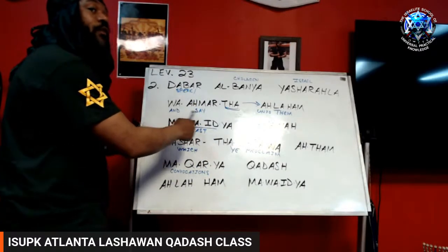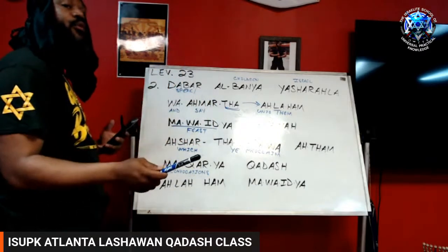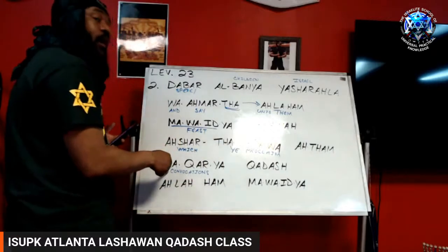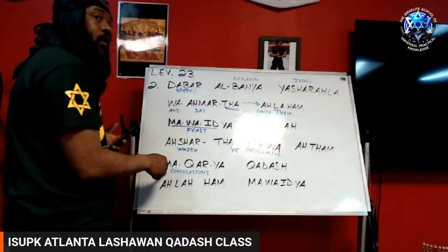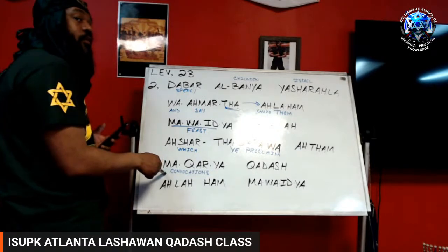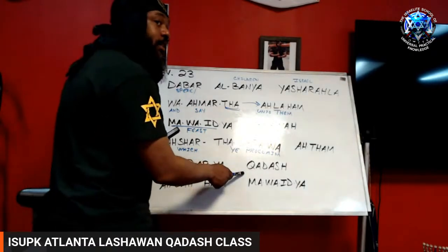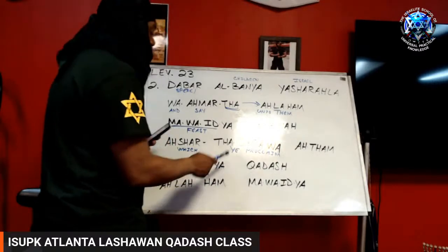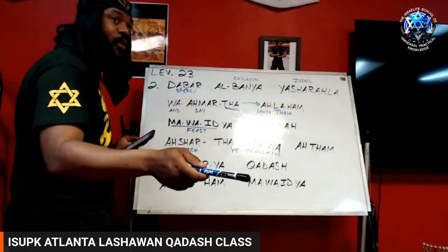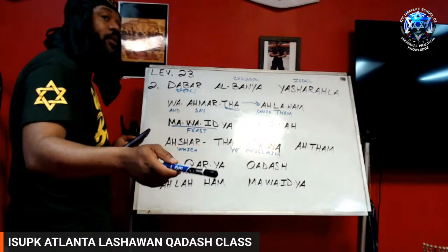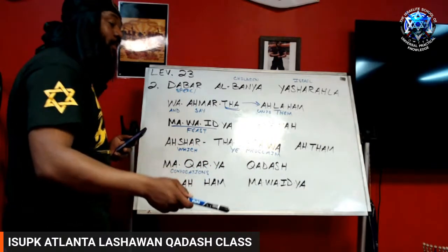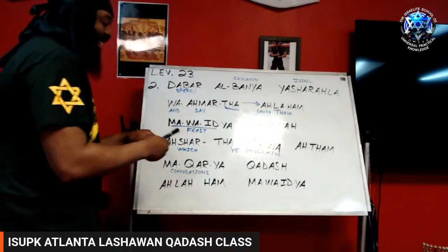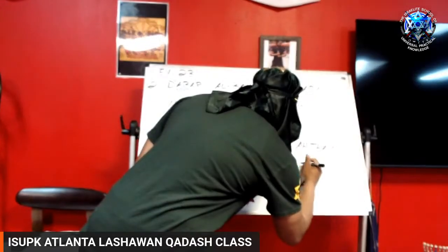In Hebrew, the noun comes first, and then the adjective. So if in English it's holy convocations, then in Hebrew the noun comes first and then the adjective. So we have convocations, as in Mokoria. What kind of convocation do we have? Qadash is to set apart. Very good. And what's the other word for it? Holy. Yes, good. Holy.